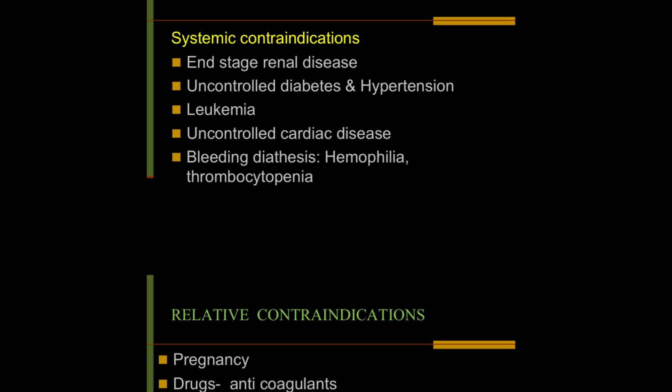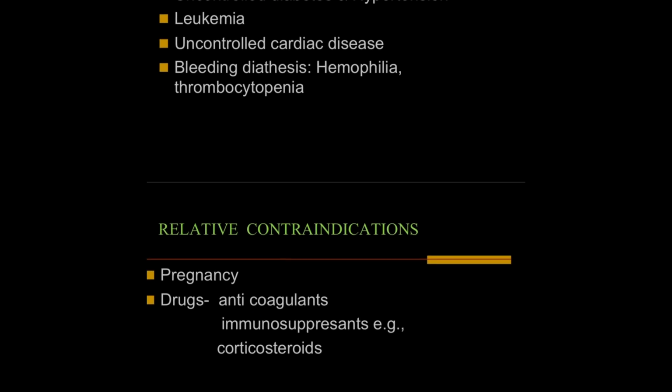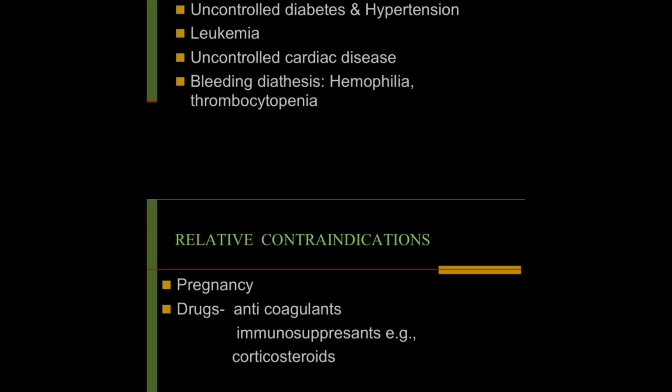Also check their blood pressure before starting the extraction. If the patient has end-stage renal disease, then it's a systemic contraindication, we cannot do extraction. If the patient has uncontrolled diabetes and hypertension, then you should refer them to a physician, and if you get a physician clearance, then you can do it.